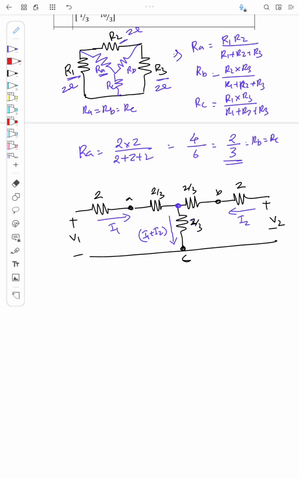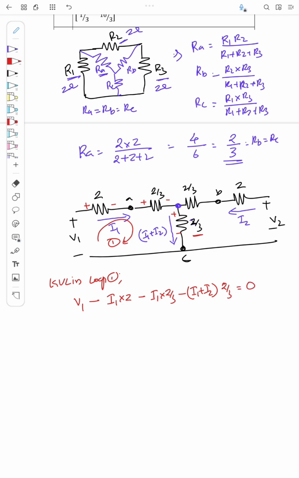Okay, so we can apply Kirchhoff's voltage law in each loop. KVL in loop 1: what happens? I have V1, this voltage, minus the voltage drop across this resistor, so minus I1 into 2, minus the voltage across 2 by 3, so I1 into 2 by 3, minus the voltage across this one, so minus (I1 plus I2) into 2 by 3, is equal to 0.